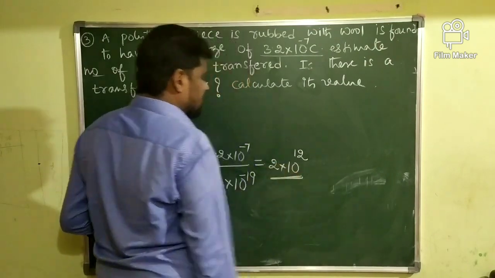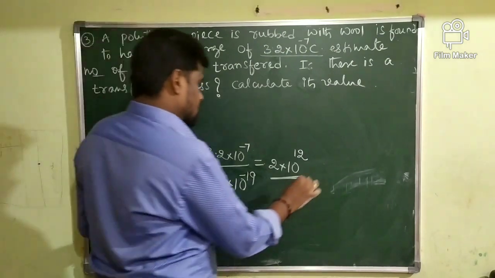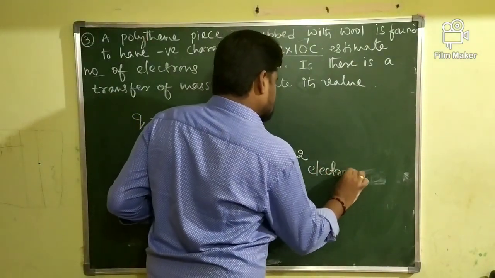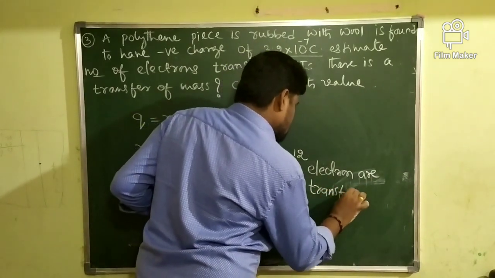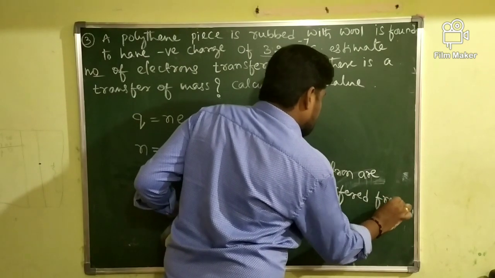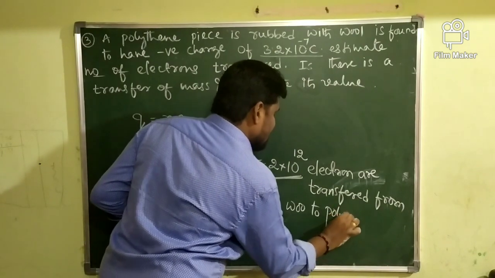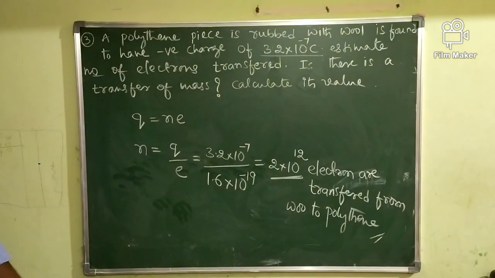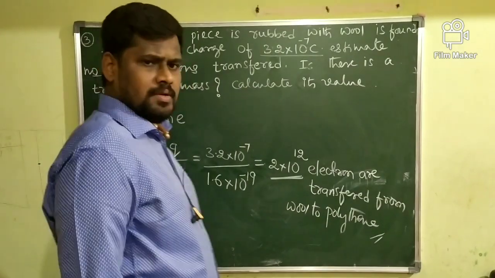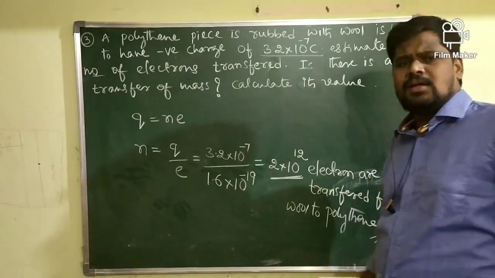How many electrons get transferred here? 2 into 10 power 12 electrons are transferred from wool to polythene, which means wool is losing the electron, polythene is gaining the electron.